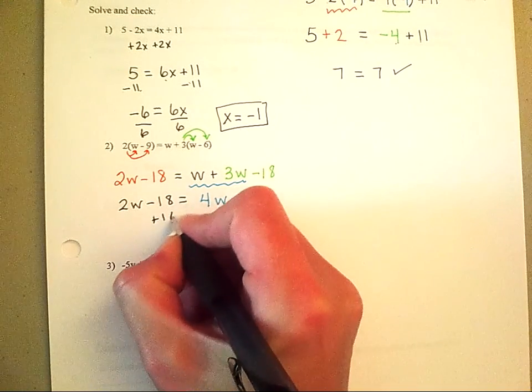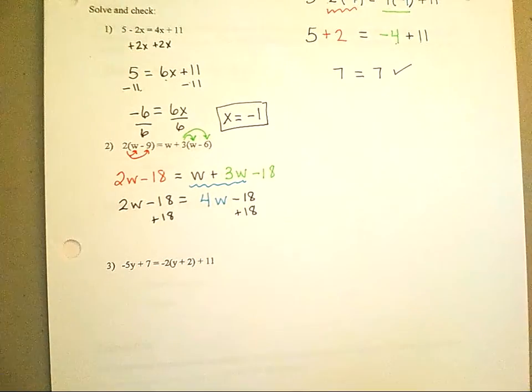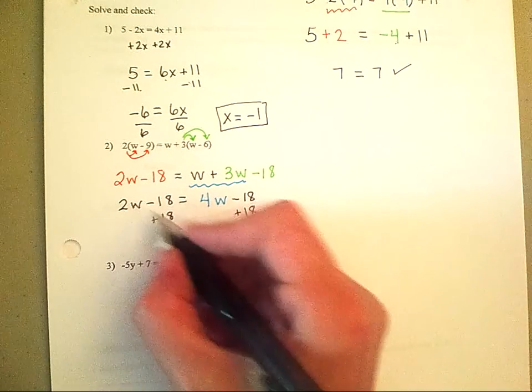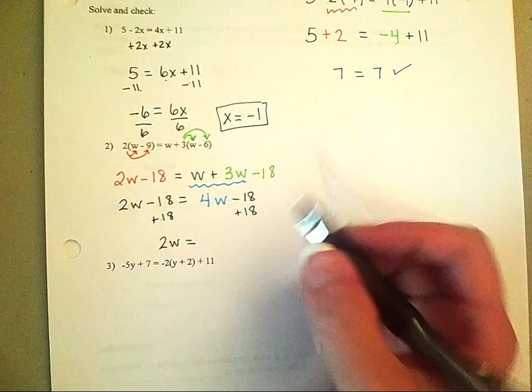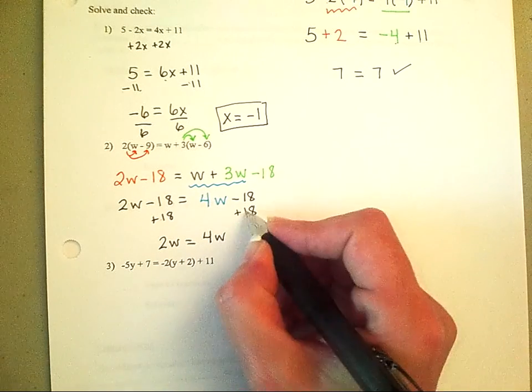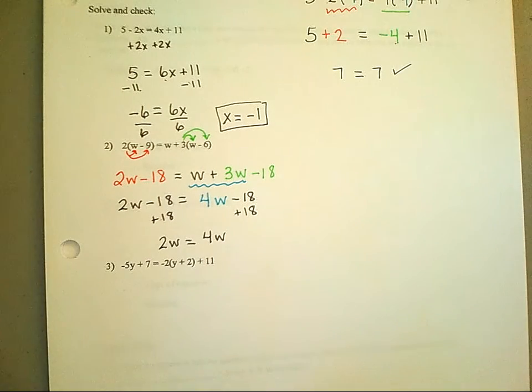Now let's add 18 to both sides. When I do that, on this side I'll have 2w, this goes to 0, the 4w comes down, this also goes to 0.